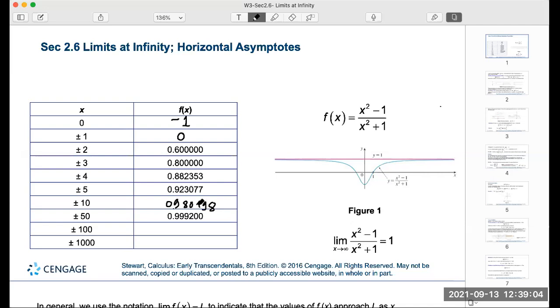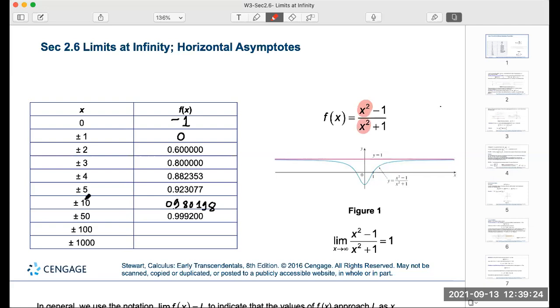Perfect. Thank you. Who was that? Elijah. Oh, yeah. Thank you. Perfect. Thank you, Elijah. So how about at -10, because here x will be squared, right?